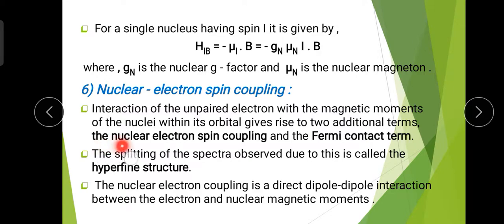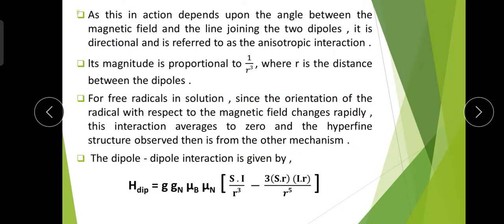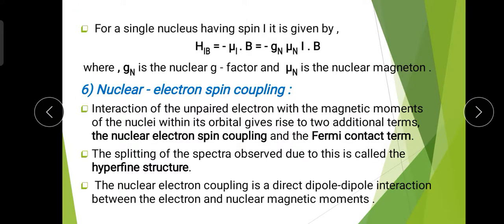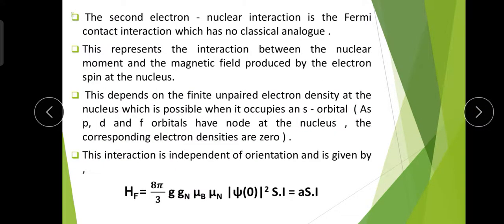The first gives the dipole-dipole interaction, and we get that energy. The second is the Fermi contact term, and due to it again we get an energy, but as we mentioned, the Fermi contact term is a quantum mechanical term, so it has no classical analog.